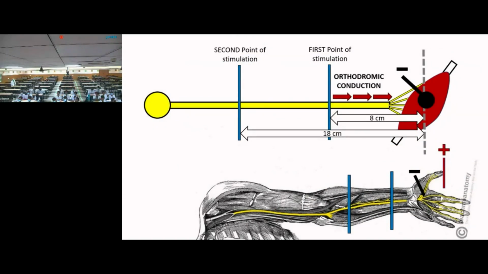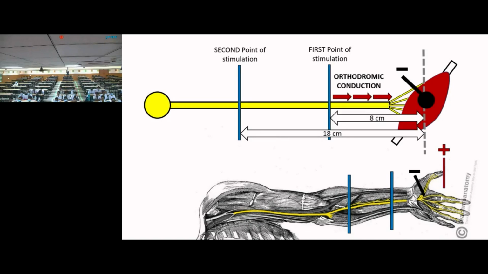From the first point to the active electrode, we will have one onset latency. And from the proximal side, from the second point of stimulation to the active electrode, we will have a second onset latency. So two onset latencies. For both pathways, this area is the common pathway.